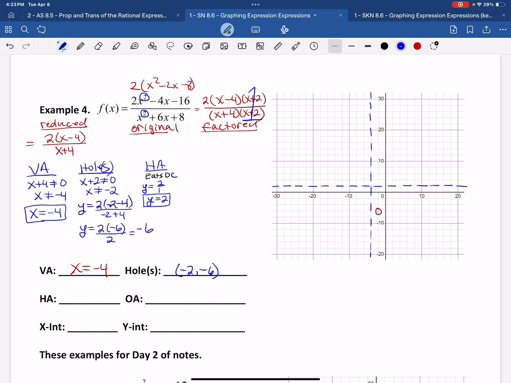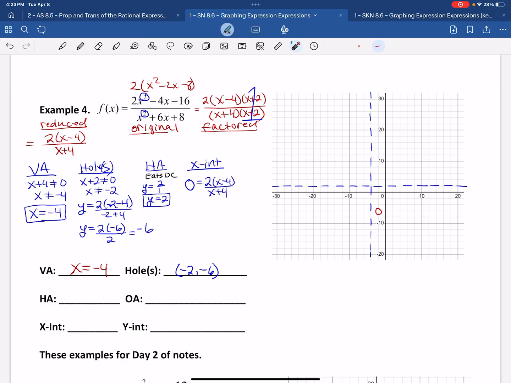All right, then I've got my x-intercept. Okay, so again, hopefully you're doing well so far. My x-intercept, I'm going to go back to reduced form and put 0 in for y. So 0 equals 2 times x minus 4 over x plus 4.